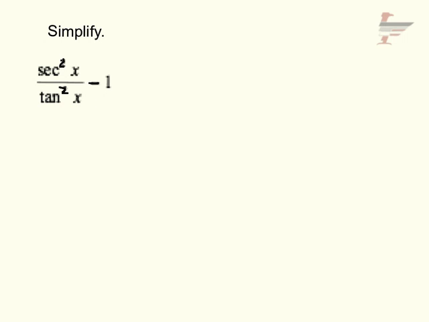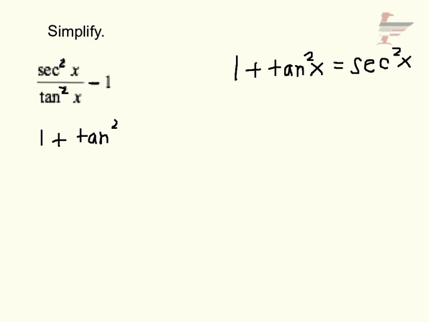So I will start with my Pythagorean identities, and I note that one of them says 1 plus tangent squared x equals secant squared x. So I can replace my numerator, which is secant squared, with 1 plus tangent squared x, and that's minus 1. Then I might rewrite this denominator over both of those, because I can see that here my tangents are going to cancel out.